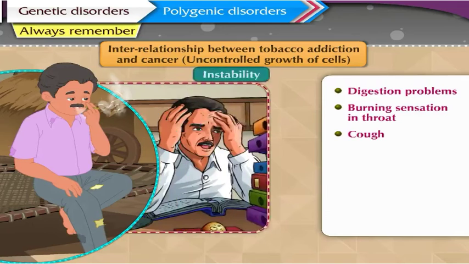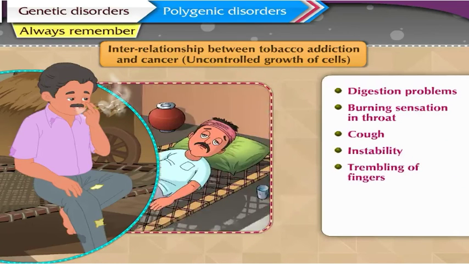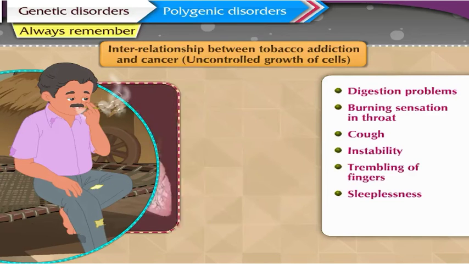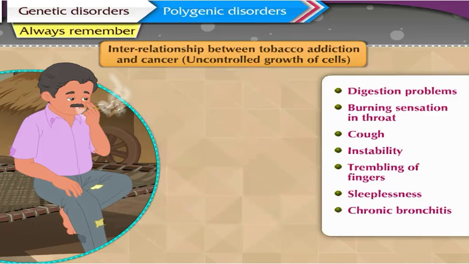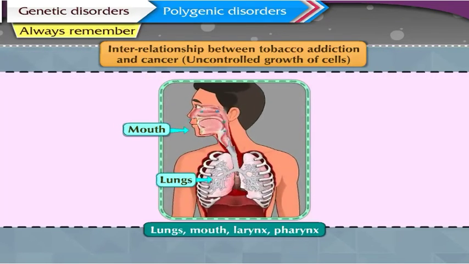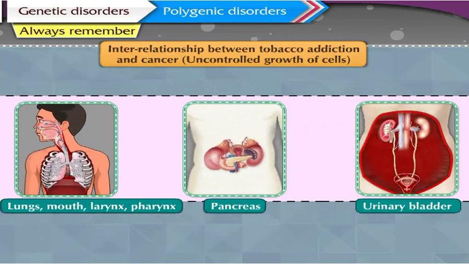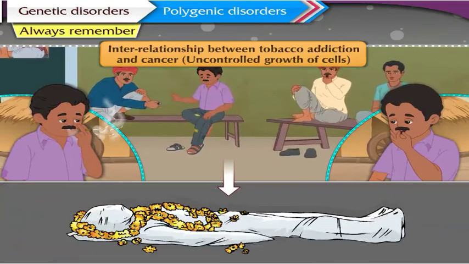Excessive smoking causes instability and trembling of fingers. A dry cough causes sleeplessness. Tobacco consumption can also cause chronic bronchitis, pericarditis, cancer of the lungs, mouth, larynx, pharynx, pancreas, urinary bladder, etc. The lifespan of a tobacco consumer also decreases.